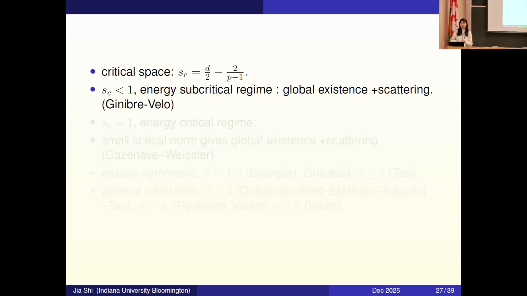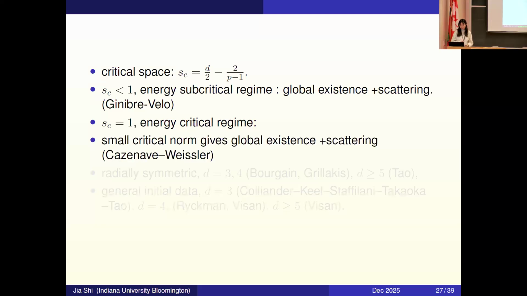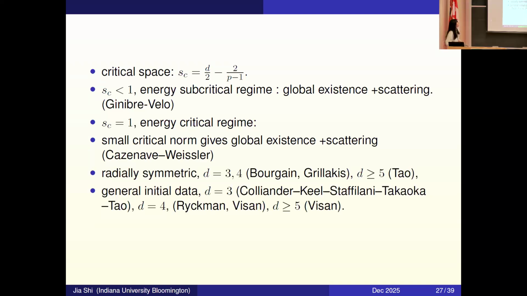In this regime, if you have smooth initial data, you have global existence plus scattering. Scattering means the solution will tend to the linear Schrodinger equation; the nonlinear term doesn't play a super important role here. For the critical exponent equal to 1, we are in the energy critical regime. Still you have global existence plus scattering, but things are more complicated and delicate in this case.